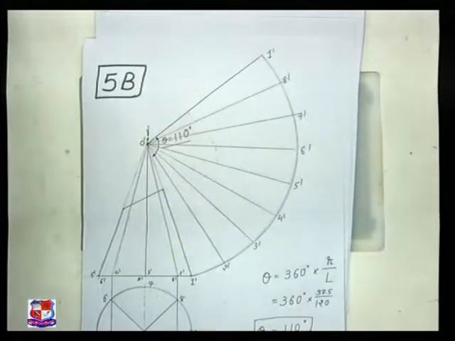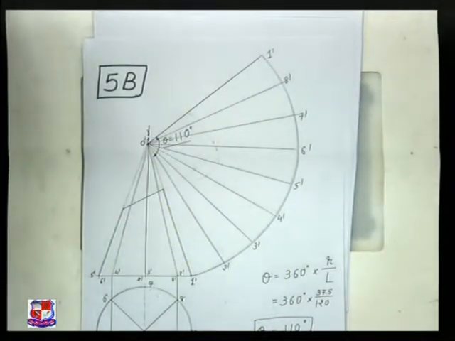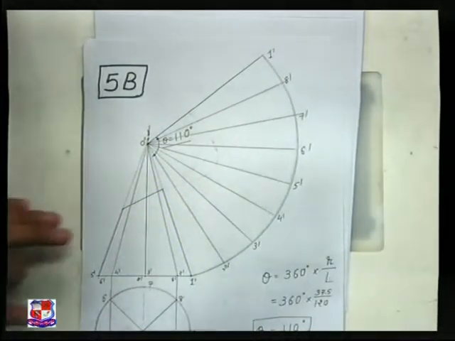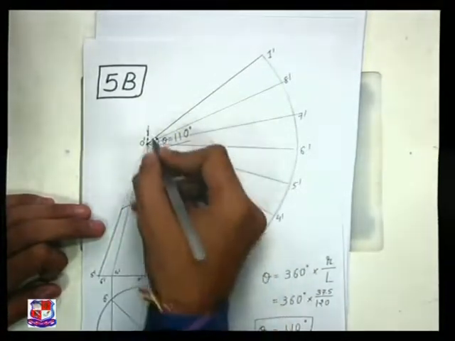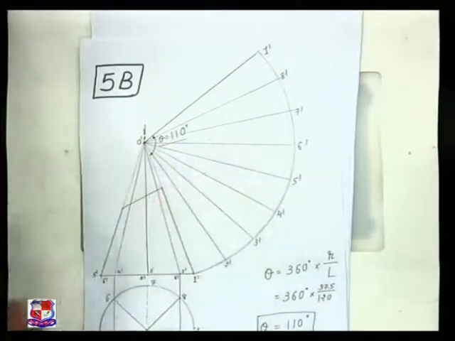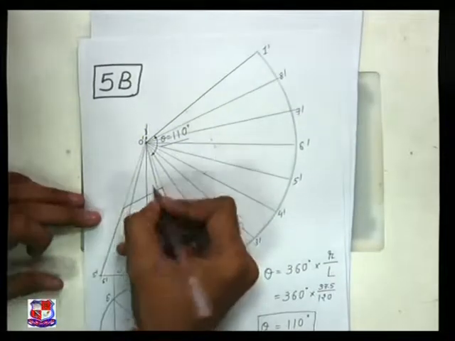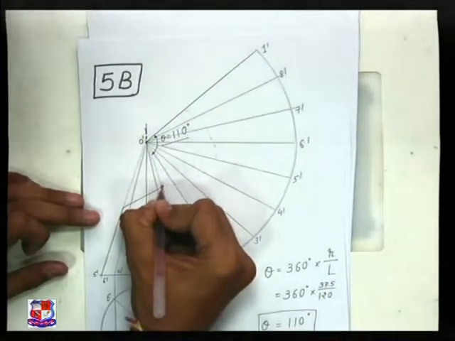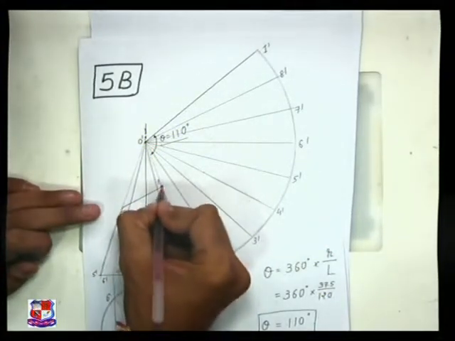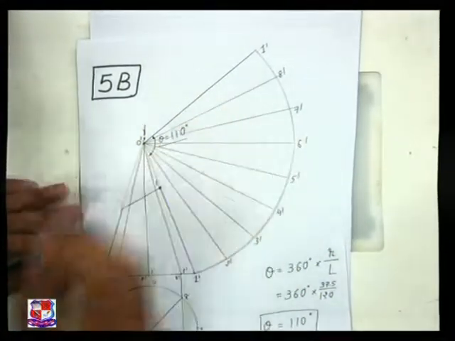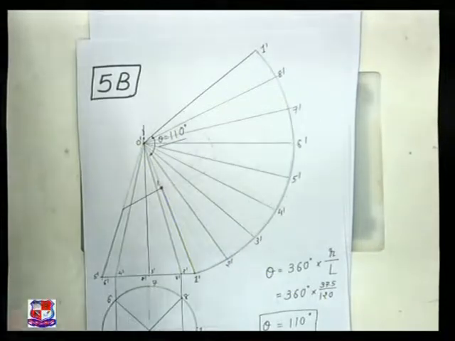Now, to locate the points of intersection, let me think about its front view. In front view, this is the cutting plane, and on the O dash 1 dash generator, here is point number 1. On O dash 1 dash, here is the point P1. So to find the position of point P1, transfer this point to the O1 generator like this.